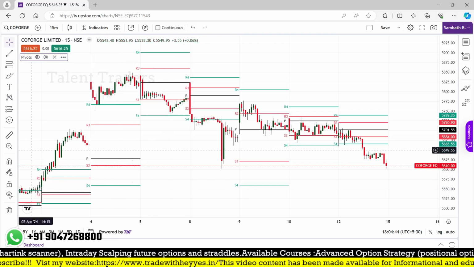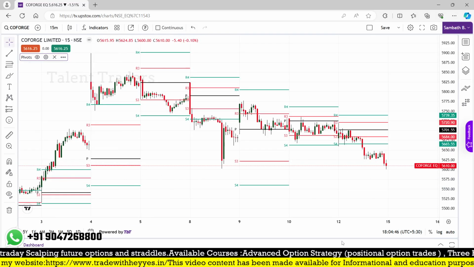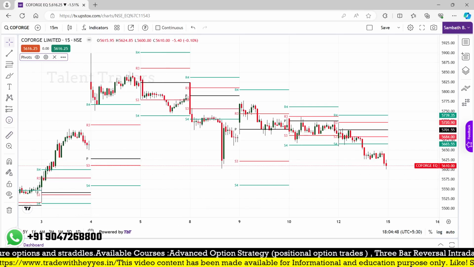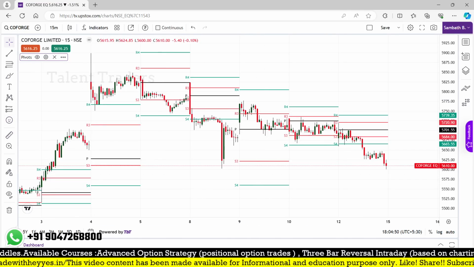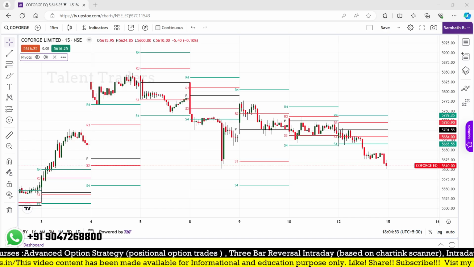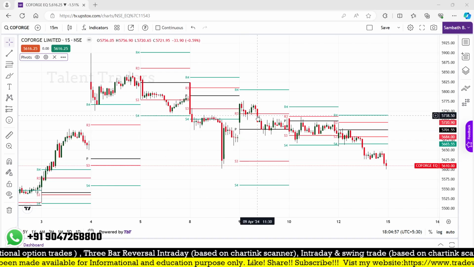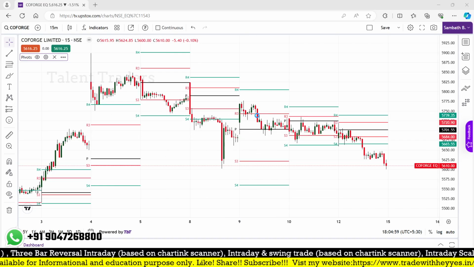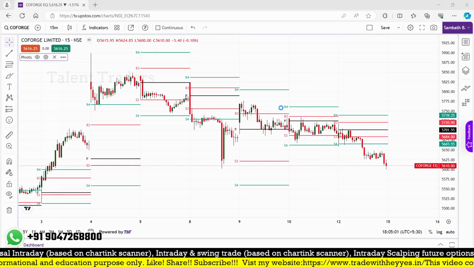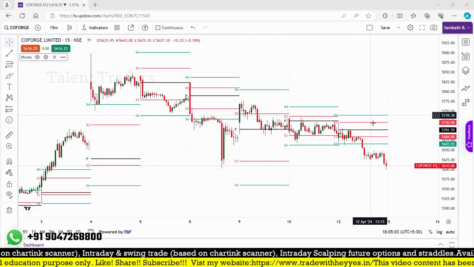The simple scanner is what I'm looking for: breakout stocks. Here you can see a breakdown has happened, a downside breakout in the stock. In this case, I'm going to look for a trade below R4 or S4.